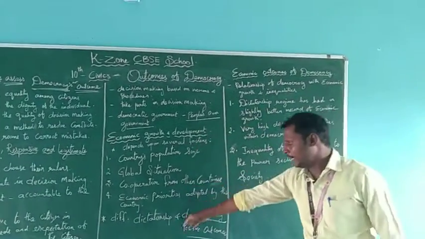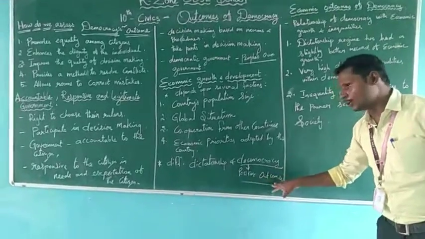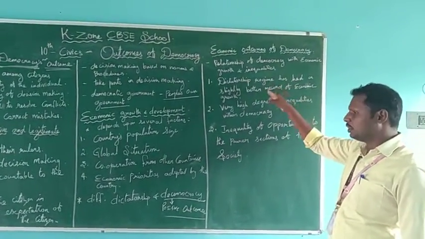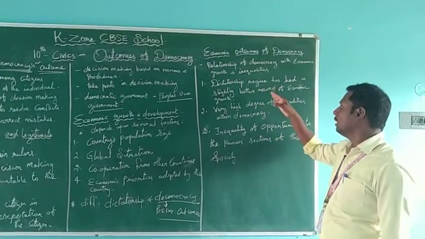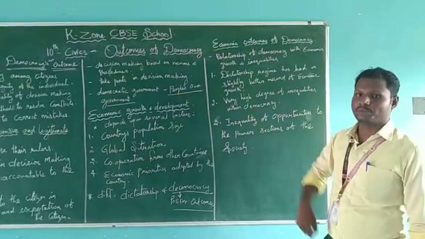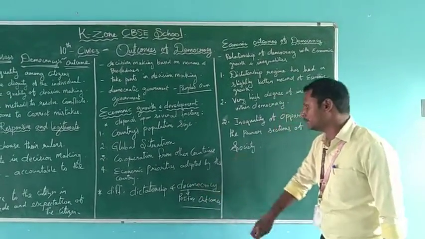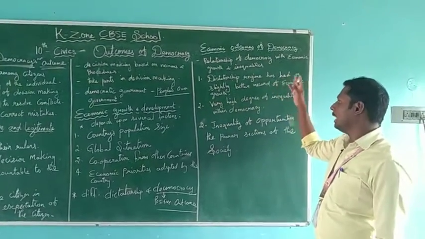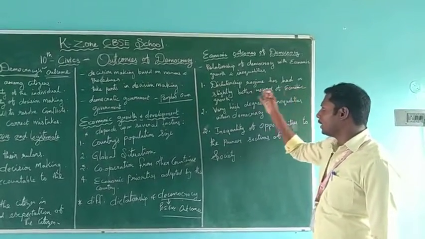Here we say democracy shows a positive outcome, but the real fact is that dictatorship regimes have had a slightly better record of economic growth.